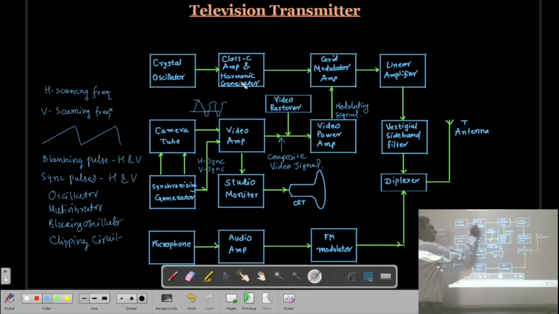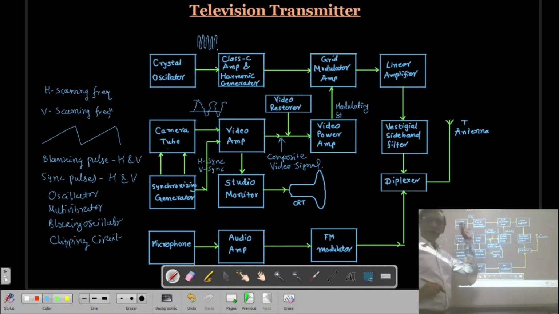Then it is given to a class C amplifier. When the transistor operates as a class C amplifier, it generates a number of harmonics. Whatever carrier frequency you want, accordingly you generate the harmonic, and that harmonic will work as my carrier signal. So here the crystal oscillator is generating one particular frequency of a sine wave.